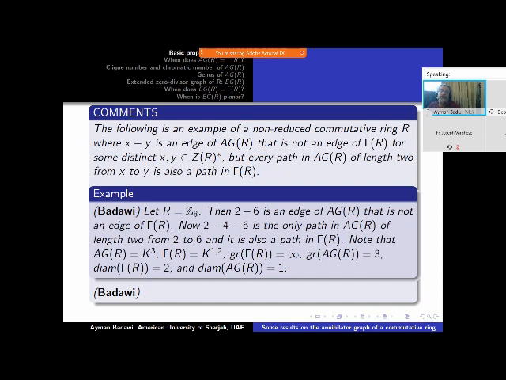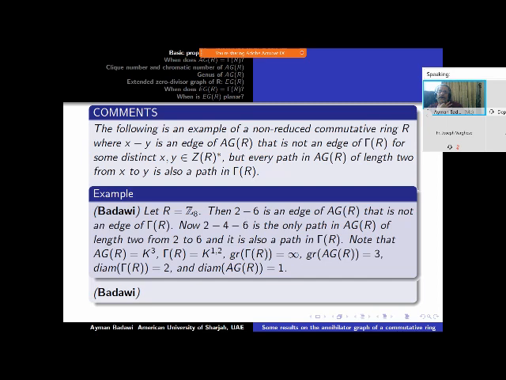But definitely 2, 6 is not an edge of the zero divisor graph. Why? Because 2 times 6 is not 0. Simple. And this Z8 is kind of interesting. Maybe it will appear more.